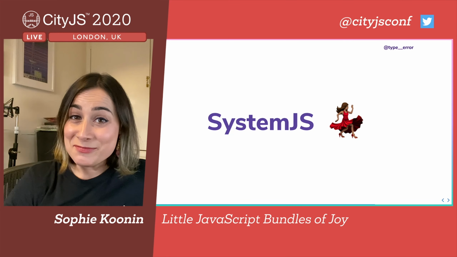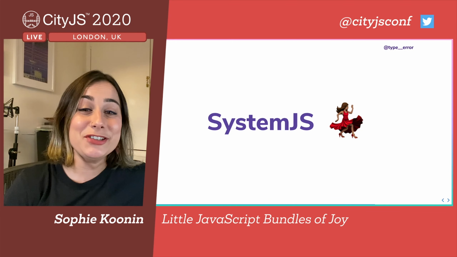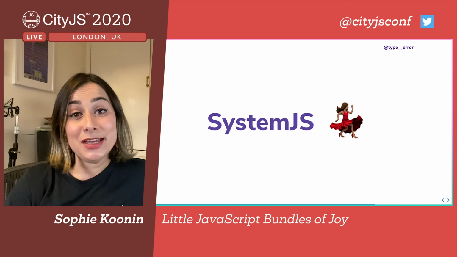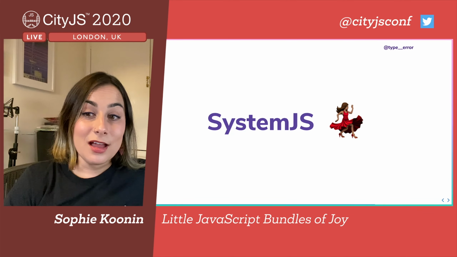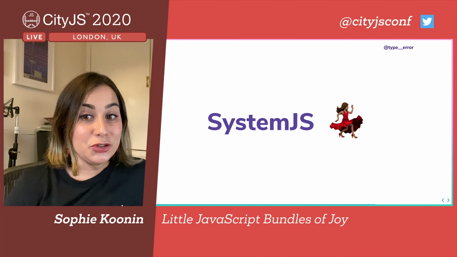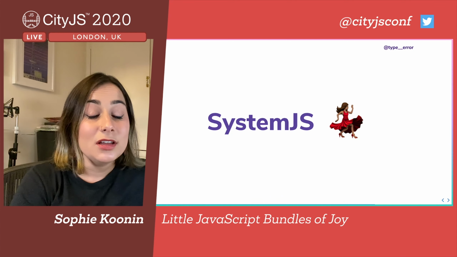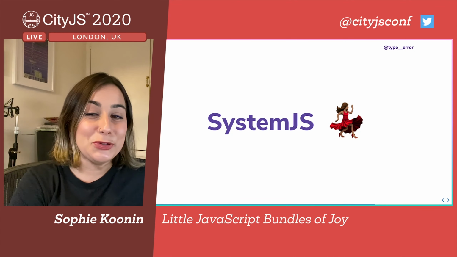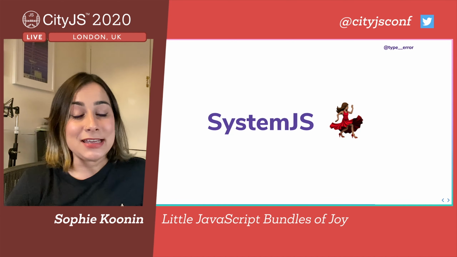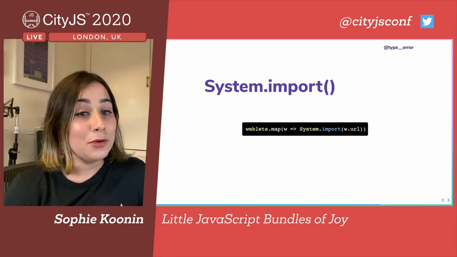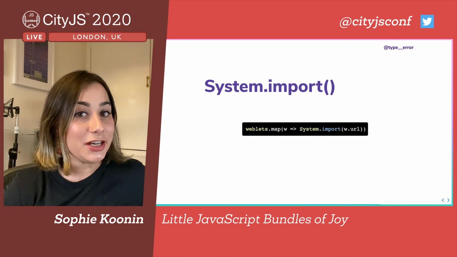Luckily for us, there's SystemJS, and this is a loader which outputs ES5 compatible modules and offers dynamic import of the same, which is the really important part. It's an emulation of ES6 modules, but in a kind of traditional script-based JavaScript browser environment. And Webpack does build SystemJS modules, so we get Webpack to output those, and then we can import using system.import, which is the SystemJS minimal loader.